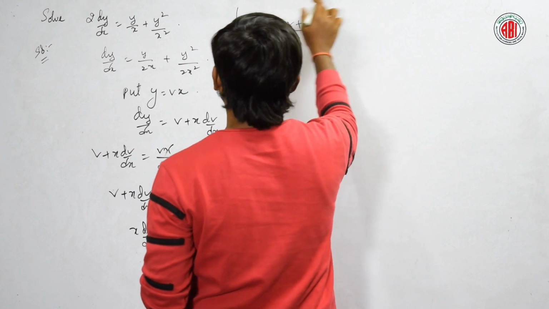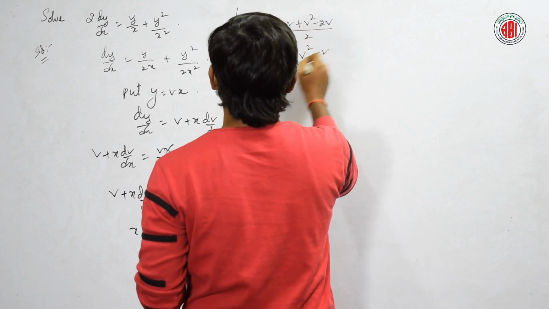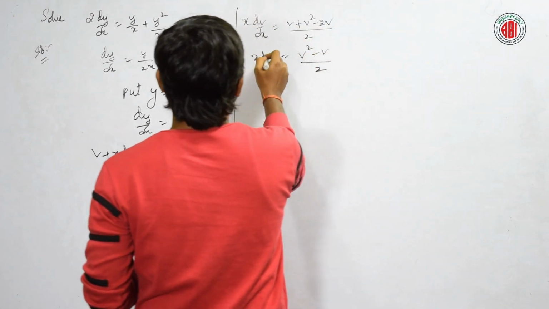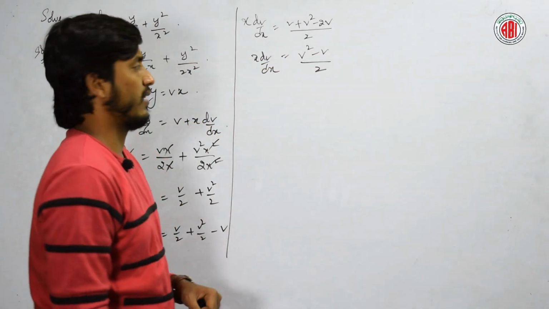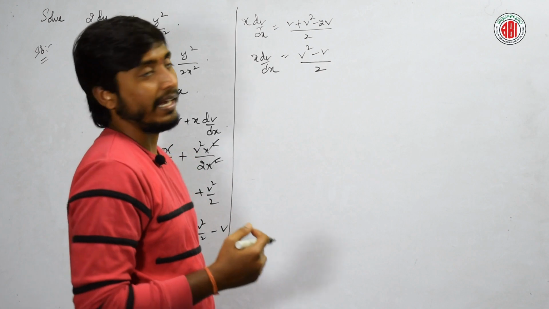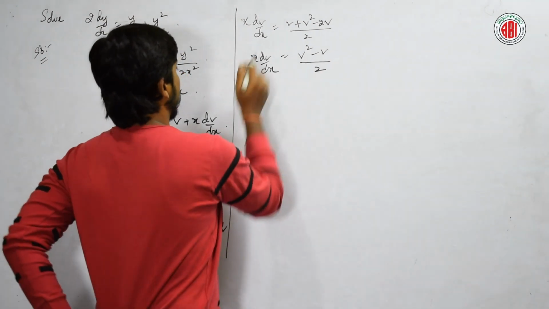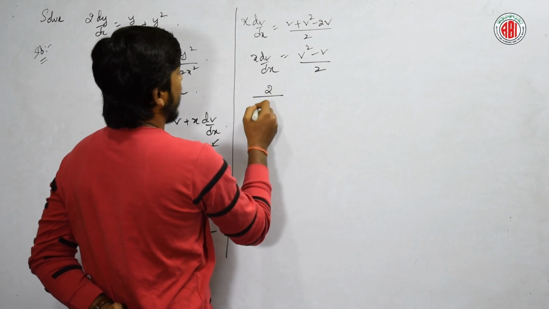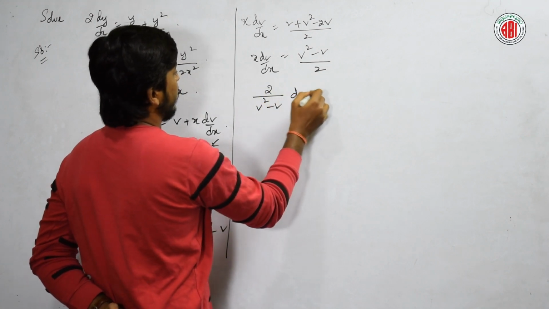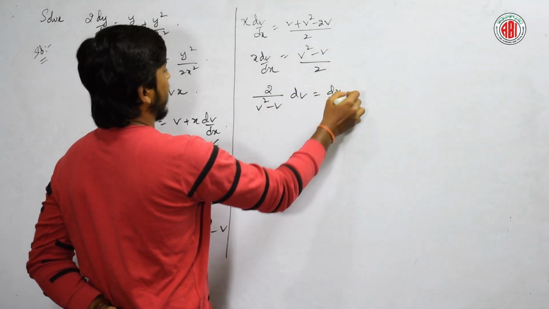So v minus 2v, that is minus v. Yes or no? Now let us cross multiply and write it in the variable separable method. This is what it will be, 2 by v square minus v dv is equal to dx by x.